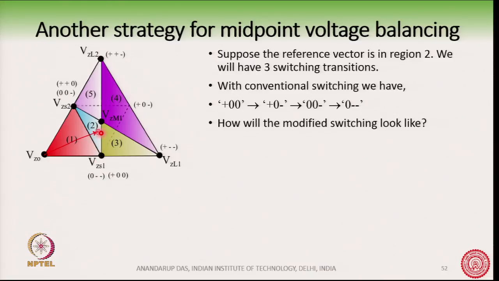So, for realizing this reference vector in conventional switching, we would have used these 3 vectors with such a switching sequence, and in this switching sequence every time there is one transition. So, plus 0 0 to plus 0 minus means C phase is changing from 0 to minus.